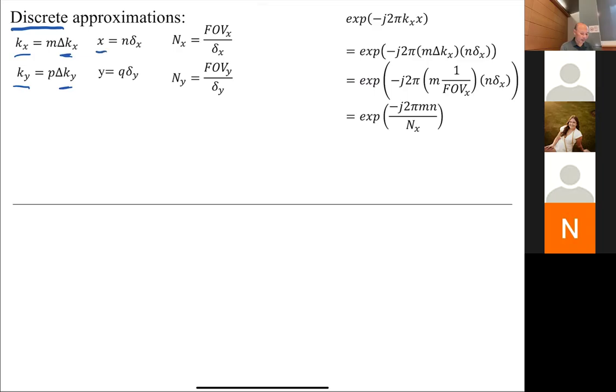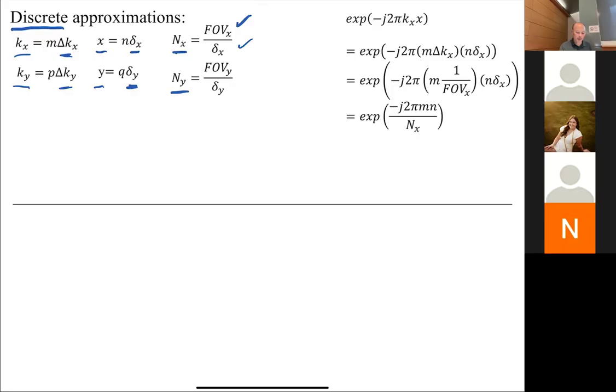Similarly, if I have x and y as continuous variables, it makes sense to make them integer multiples of the resolution, delta x and delta y. And once I have that, then I can also say that if I have some field of view and some resolution, then I should have n sub x voxels in the x dimension and m sub y in the y dimension. So I can take all this continuous stuff and get it into integers.